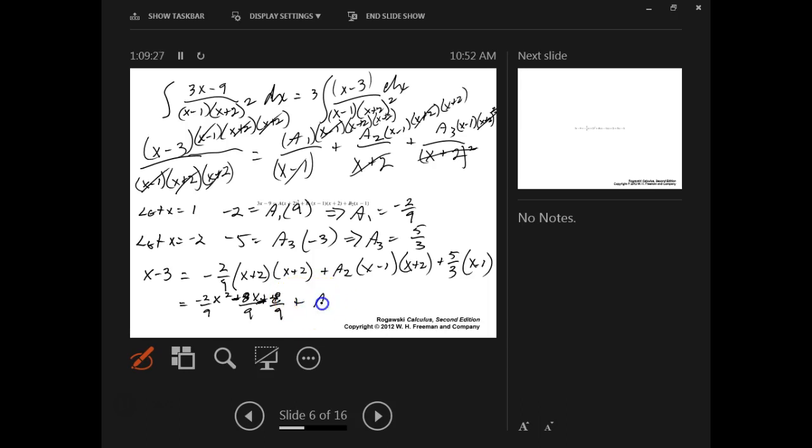Plus A2 times x squared plus x minus 2. Is that right? Got it? Plus 5/3 x, it is minus 5/3. Okay.